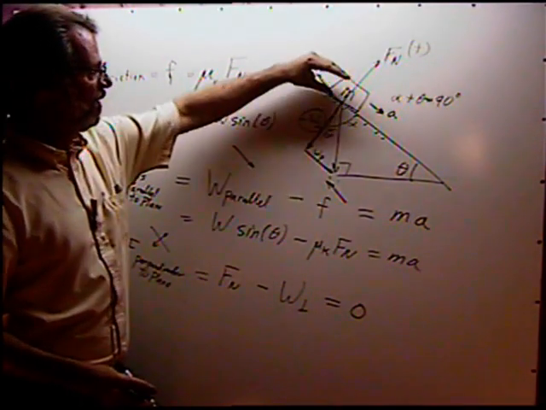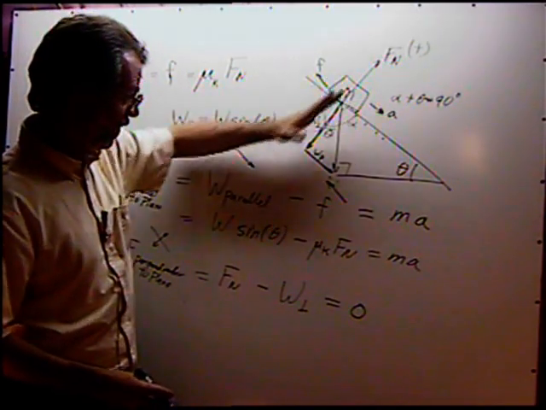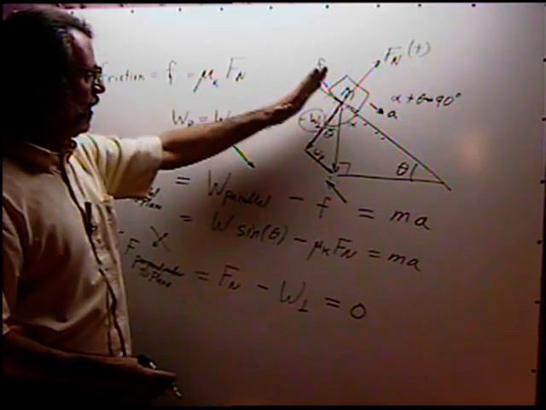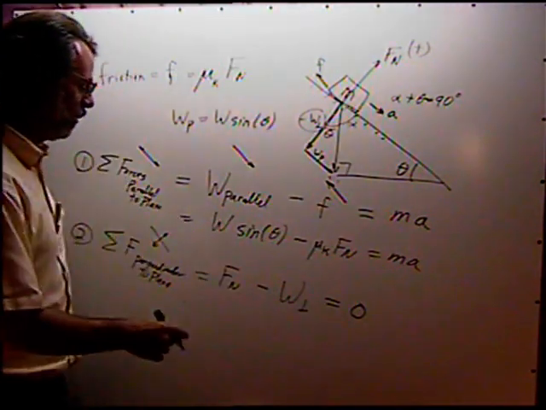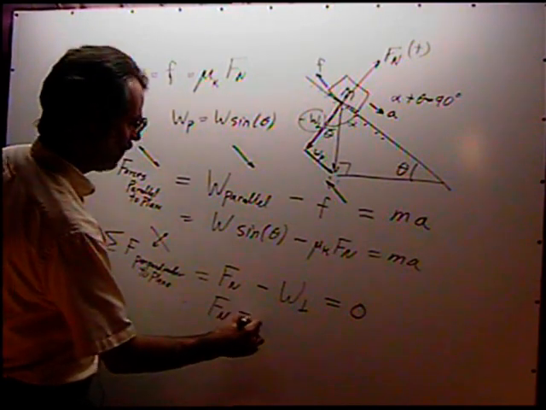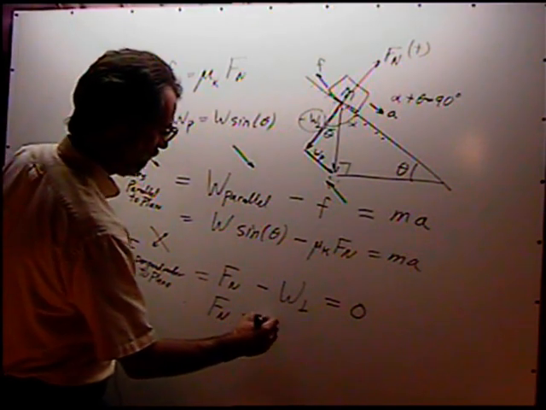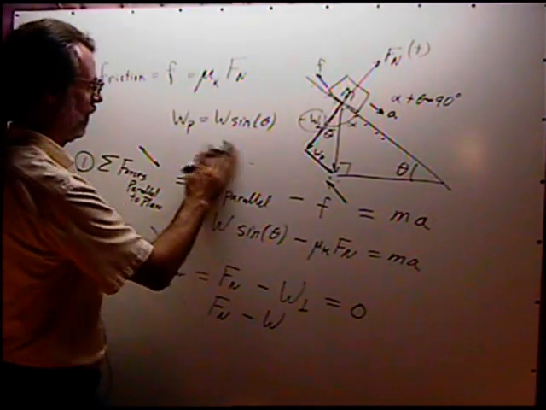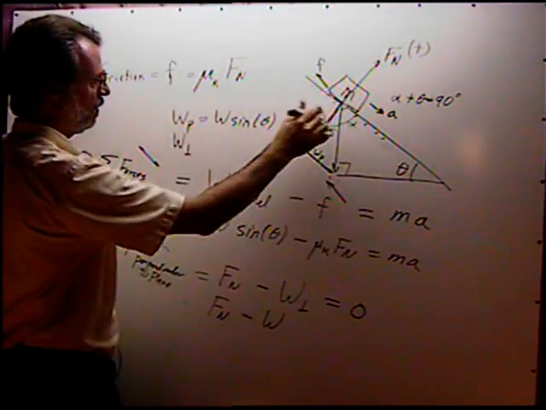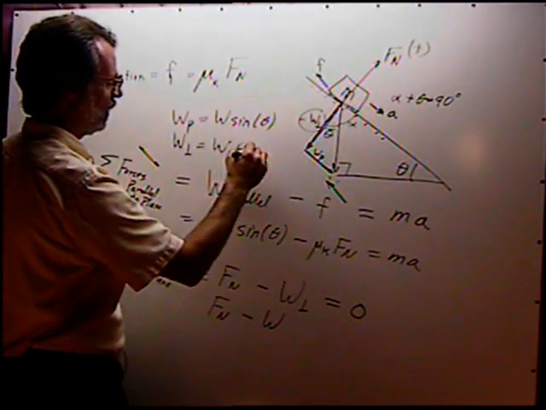The mass does not accelerate up or down this way. It does not accelerate in or out of the plane. It moves parallel to the plane. So therefore, we can say that the sum of these forces equals 0. So the normal force minus the weight, well, the perpendicular weight, this force here, would be the weight times the cosine of this angle.